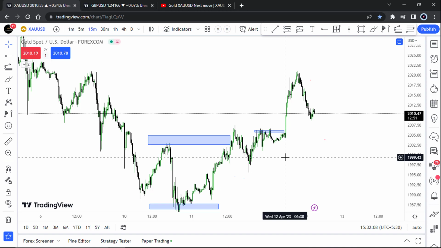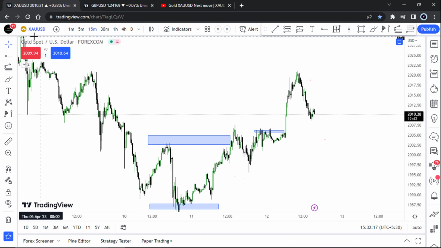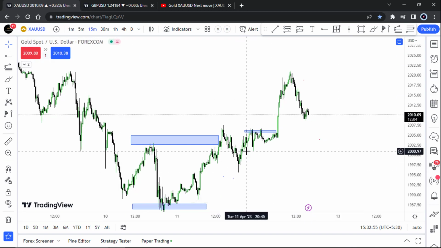I'm expecting that if CPI data goes negative for the US dollar, then we can expect an upward move of gold. But currently, we can see strong up and down reverse points for scalping trades and for short-term trades.